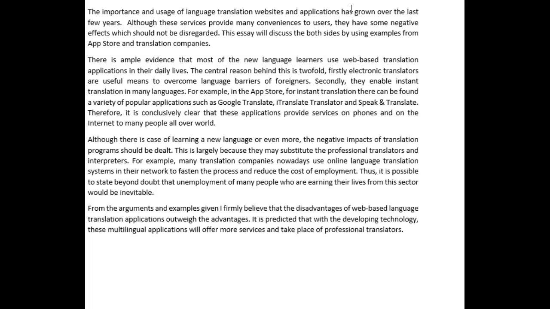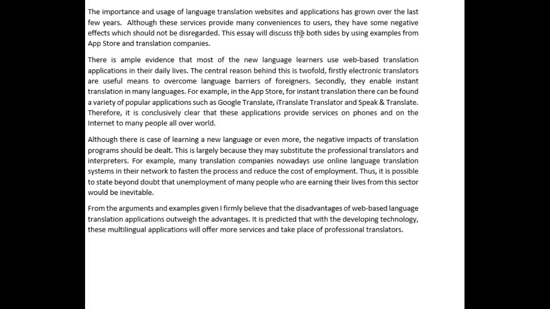"Although these services provide many conveniences to users, they have some negative effects which should not be disregarded. This essay will discuss both sides." Get rid of the "by using examples from App Store and translation companies." Okay. "There is ample evidence that most of the new language learners use web-based translation applications in their daily lives. The central reason behind this is twofold.